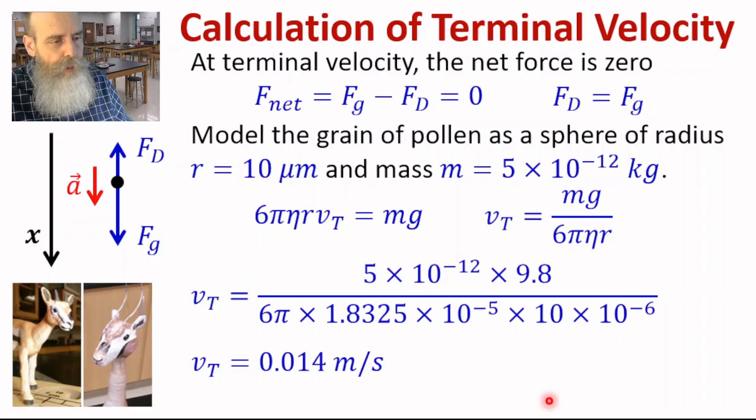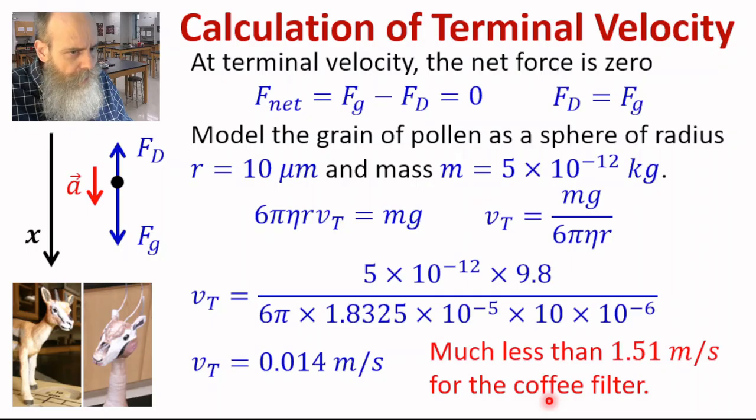And we get 0.014 meters per second. Note that this is much less than the value we measured for the coffee filter, which was 1.51 meters per second. The terminal velocity when we have viscous drag is much less than the terminal velocity when we have inertial drag.